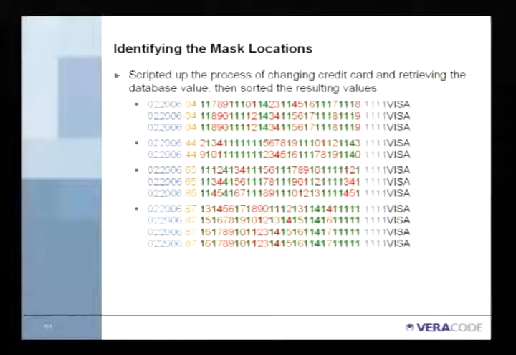So now we can look at one of the tokens that starts with 04 and see that the digits that appear in the original card number always show up in these positions, and the rest of it is garbage. Similarly, you can do that for the other mask indexes, let's call them.